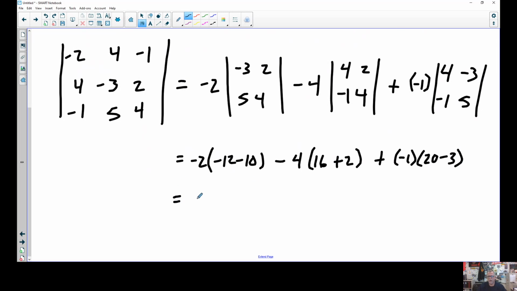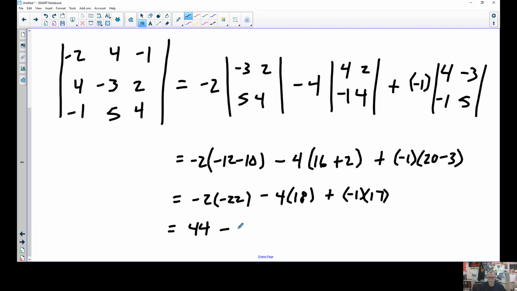And we can then look at -2 times -22, minus 4 times 18, plus -1 times 17. So this would be 44. Let's see, this is 72, I believe.